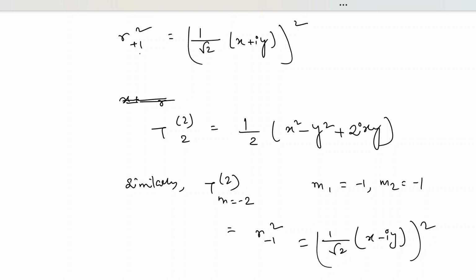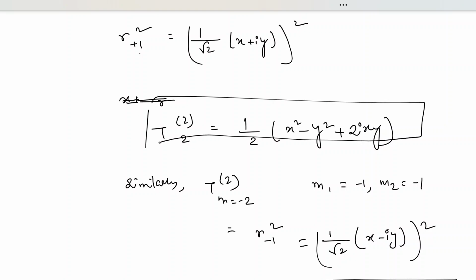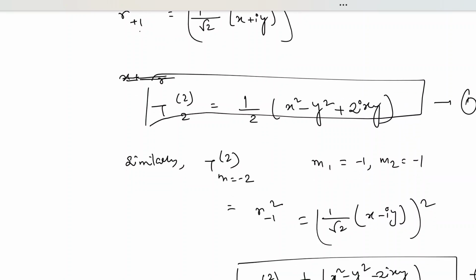So from here you see that T2 rank 2 with m equal to -2 can be written with this form. Simplify from 1 and 2, you will get your xy, because 1 minus 2 is basically i xy, because the x squared minus y squared terms cancel out.